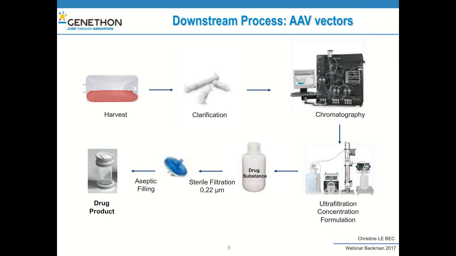You purify the AAV vectors on chromatography, and after that you make an ultrafiltration, concentration, and buffer change to put your AAV in the formulation buffer, just to obtain the drug substance. In the last step, you make a sterile filtration, and you make the fill and finish to obtain the drug product.